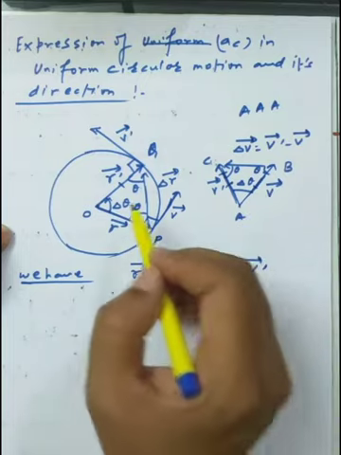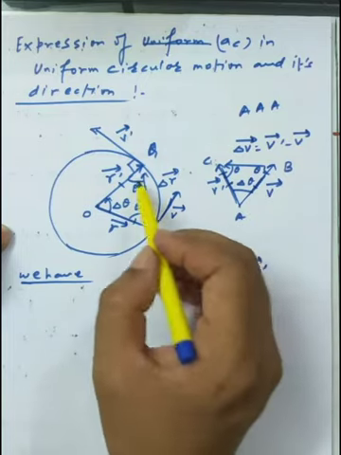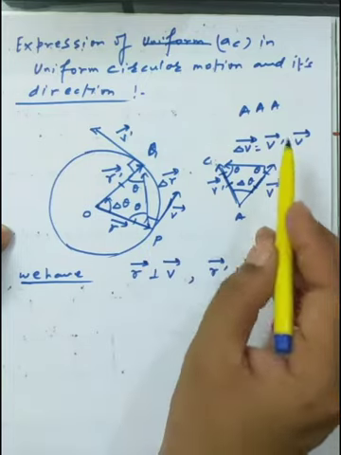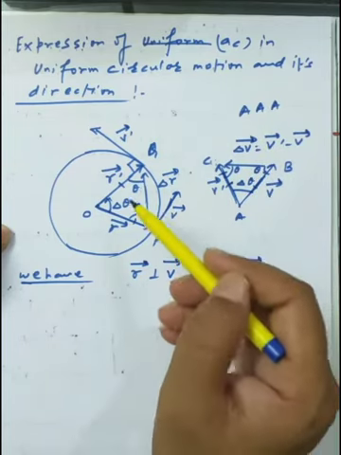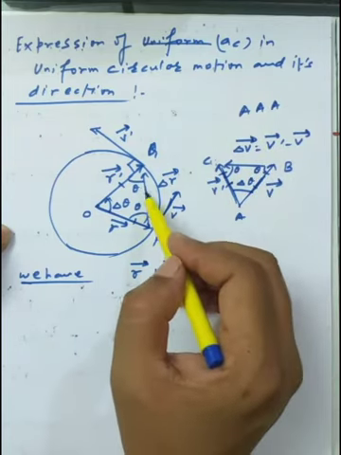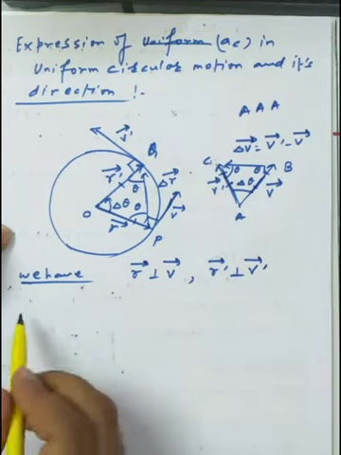Okay. So if in the two triangles the three things are the same, that means angle, angle and angle are the same, we can assume the ratio of the sides of the two triangles will be equal. Okay.